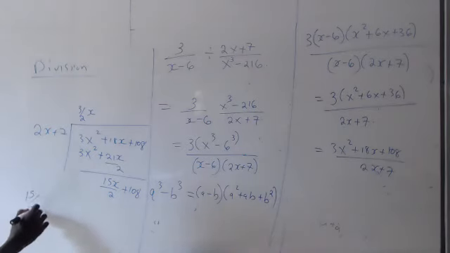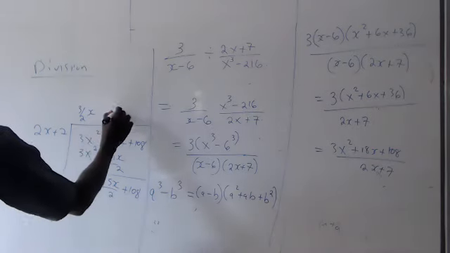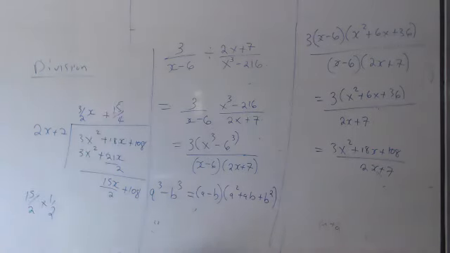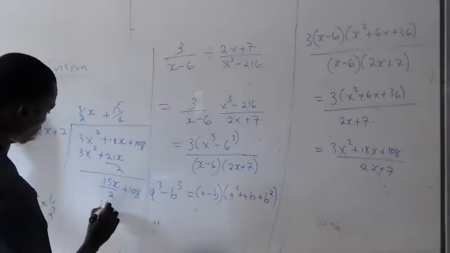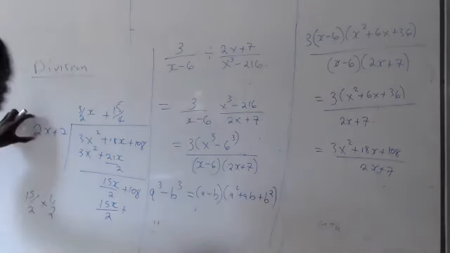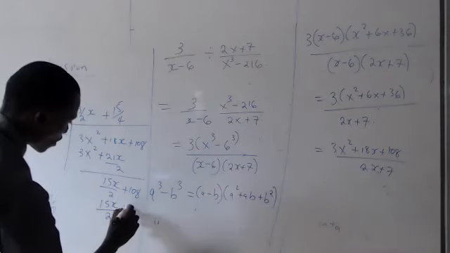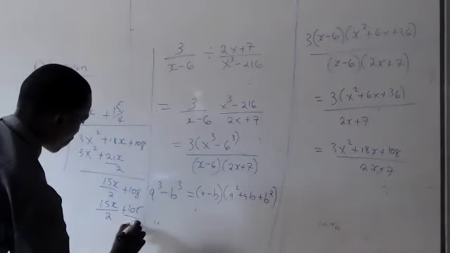It's 15 over 2 times a half, so it will divide 15 over 4. 15 over 4 times 2x is 15x over 2, plus 15 over 4 times 7. Let's see, 15 times 7 should be 105. So 105 divided by 4.